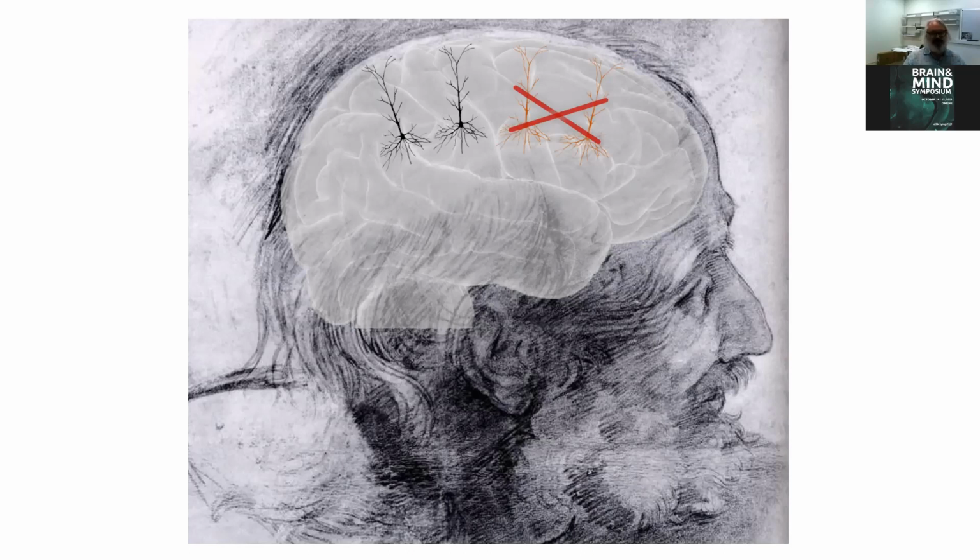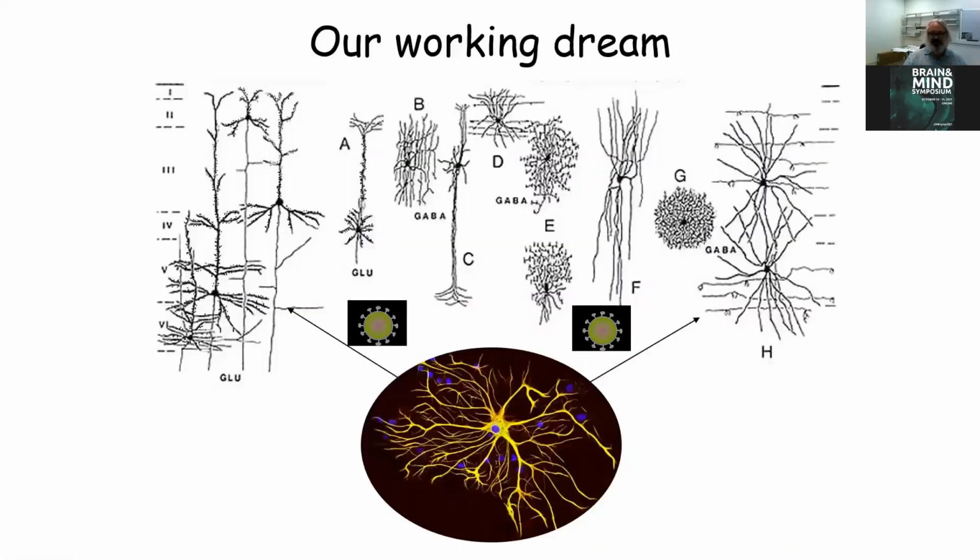Now, we are trying to find strategies that would eventually enable the regeneration of neurons that are degenerated, or, in a more subtle way, to think about strategies for adding new neurons to diseased brain circuits. And the idea is based on a dream, which I call our working dream, namely the possibility of converting local endogenous glial cells, such as astrocytes, but also other types of glial cells, into neurons.